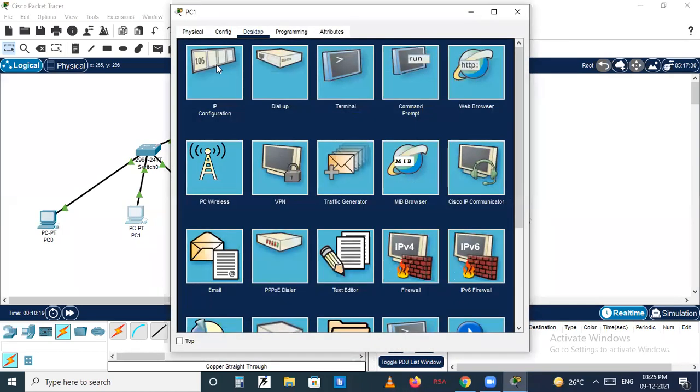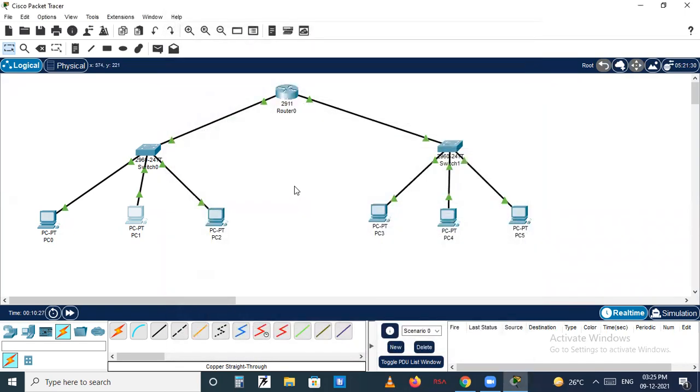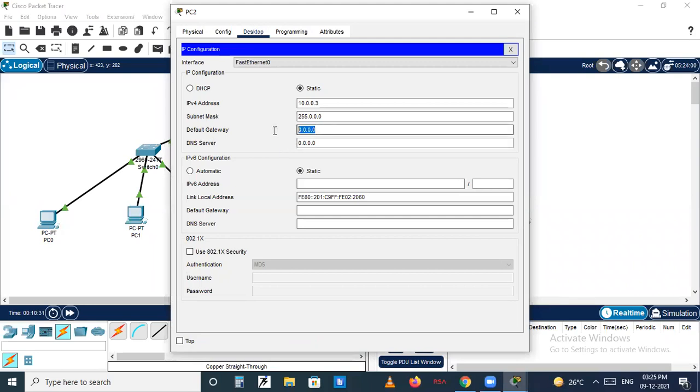Next, we will set the default gateway for this one. This is also set. Next, default gateway for this one. So all the systems on this side or in this network will have the same default gateway because they will communicate to the same interface in the router.